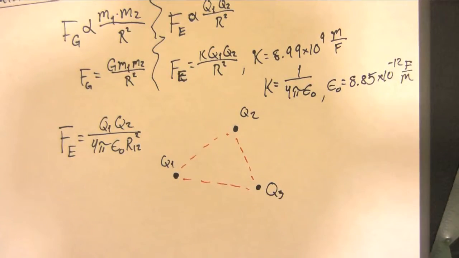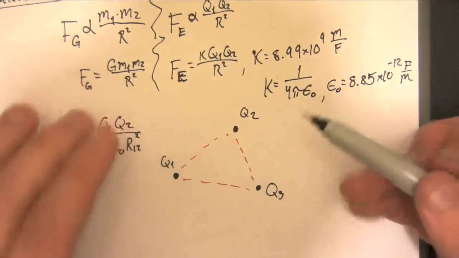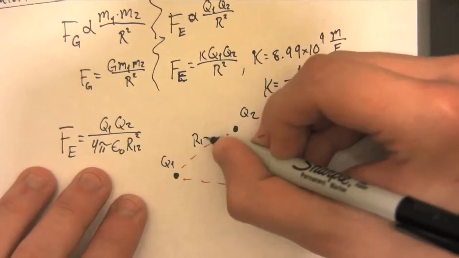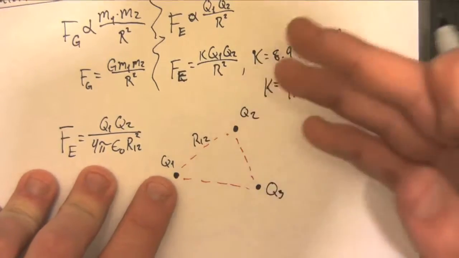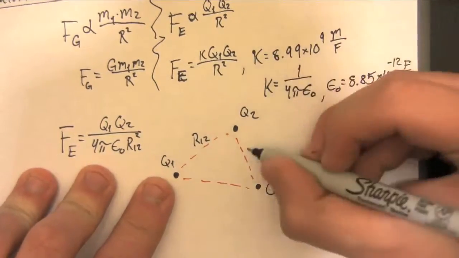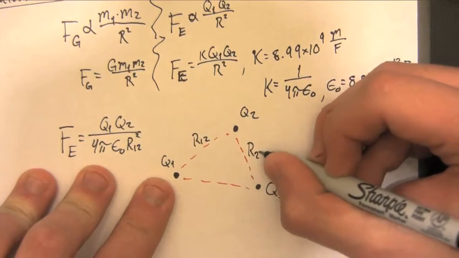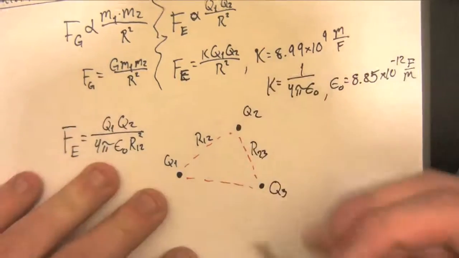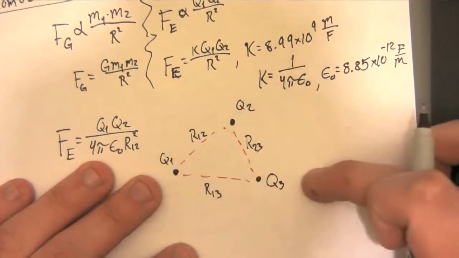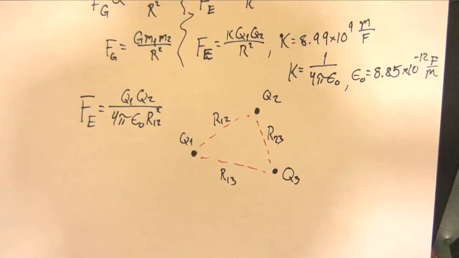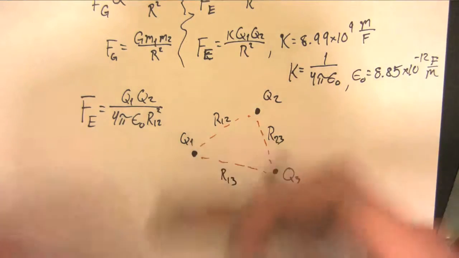If we wanted to talk about the force Q1 has on Q2, we would use the value R12. If we wanted to consider Q2 to Q3, instead we would write R23. Likewise, as you guessed it, R13 for charge Q1 to Q3. So that's Coulomb's law, or at least the basic form of it.